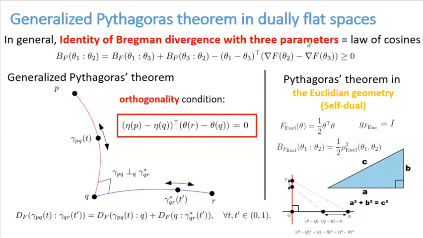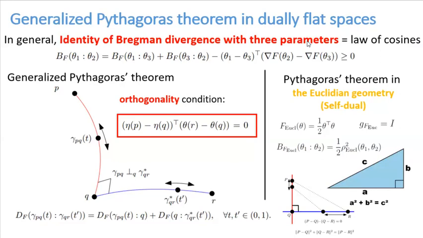Is that connected to this red box as well? So basically, if you expand the Bregman divergence for that, that's the condition. But where is the gamma PQ of T? So eta is nabla F, and it's from the gamma star, which is a dual geodesic point. So here this is the geometric equation, and here this is the local coordinate equation, right?